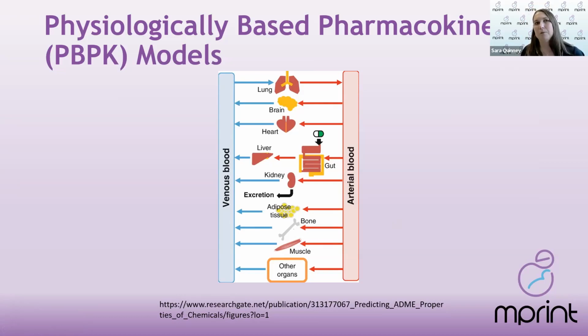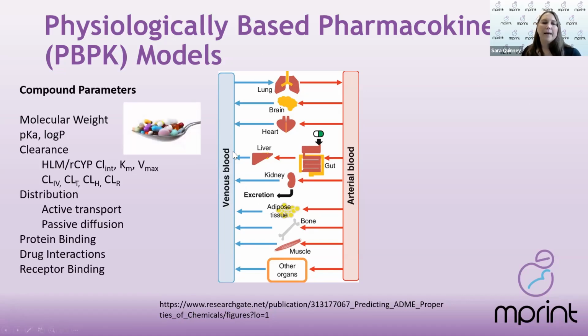So we're using PBPK to predict concentrations based on physiochemical and in vitro data and prior data that we know about a drug, versus in population pharmacokinetics or empirical models, we have data that's observed and we're fitting a model to that data.